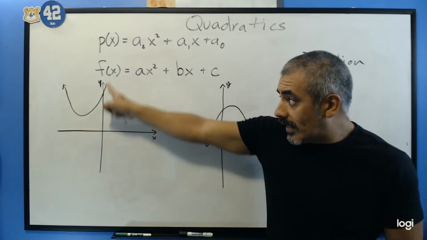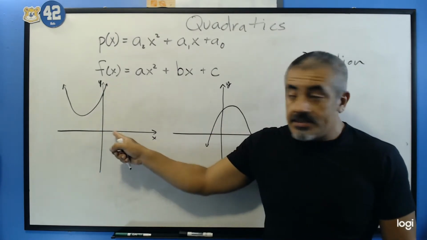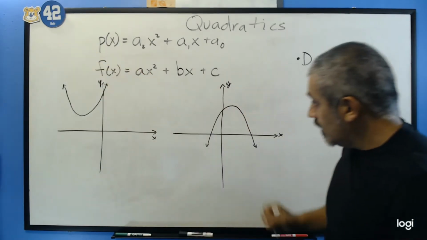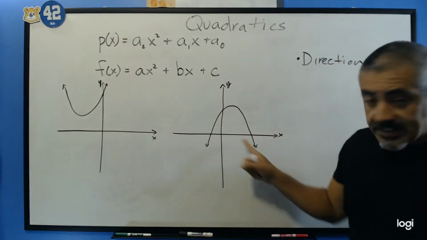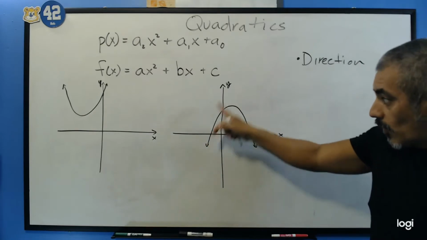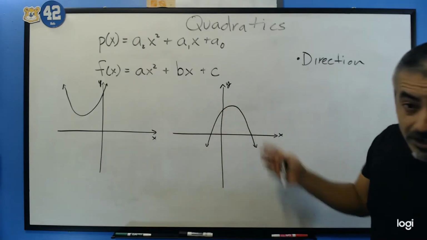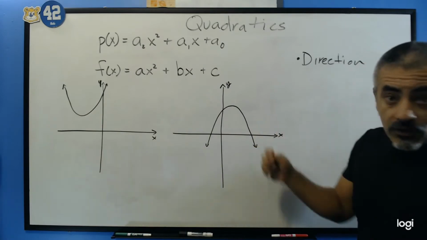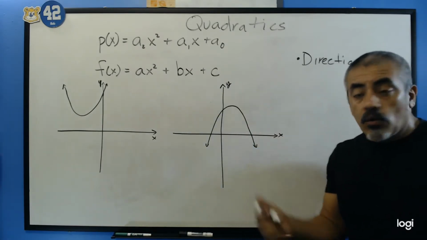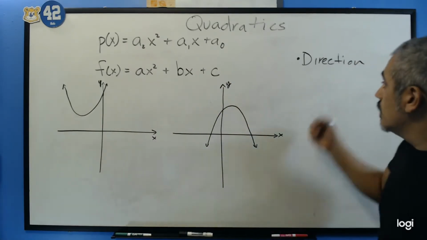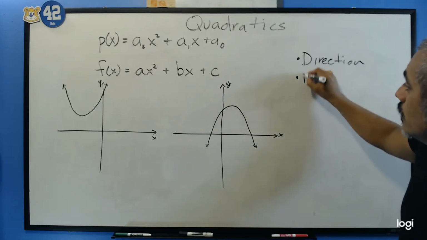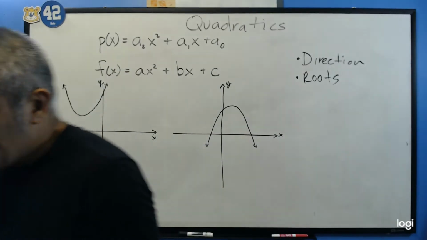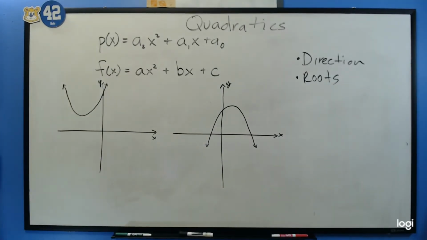It hits the y-axis, but it does not hit the x-axis, and it will never hit the x-axis because it's always going up in that direction. This one, on the other hand, does hit the x-axis. Now, when a parabola hits the x-axis, or any graph hits the x-axis, it's called the x-intercept. For the solutions of a parabola or a quadratic, we call them the roots, or the solutions, or the zeros. So we're just going to say we also might want to look at the roots.